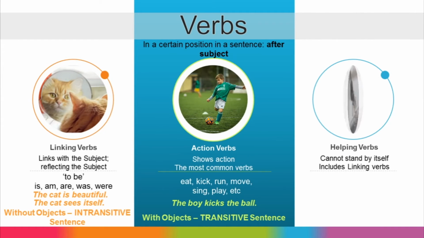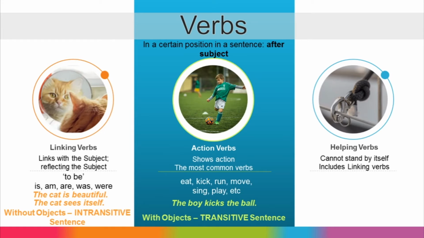Now the last type of verbs that we're going to discuss here are helping verbs. Now helping verbs here cannot stand by themselves, and they include linking verbs. Examples are can, could, shall, will, must, and also the to be verbs if they are used as a helping verb to another verb.